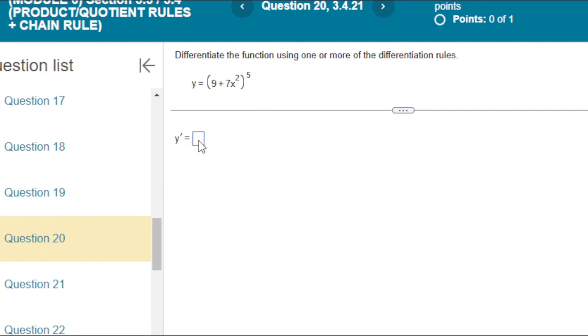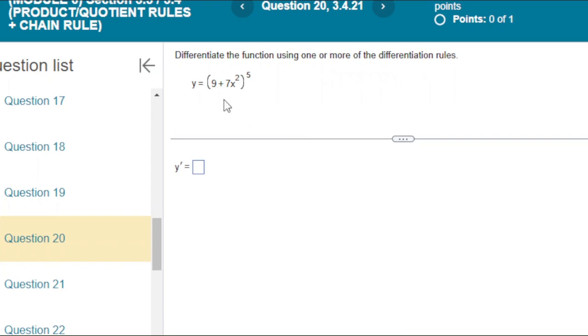Okay, we have a similar thing here. Differentiate the function or take the derivative of the function using one or more of the differentiation rules. So we're going to use the chain rule here. We have this raised to the 5th power. So how do we take the derivative of something to the 5th? Well, we do 5 times that something to the 4th. Let's put the something in here.